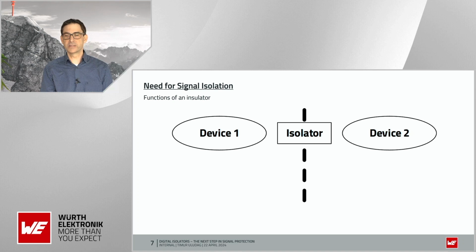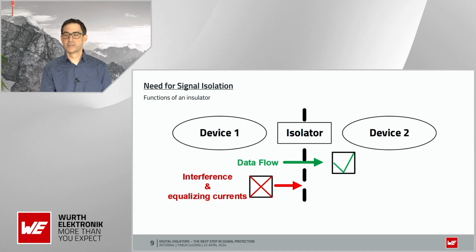The isolator electrically separates device 1 from device 2 so that they can work independently. The data can flow through the isolator, but the interference and potential equalization currents are held back so that there are no disturbances from device 1 to device 2.